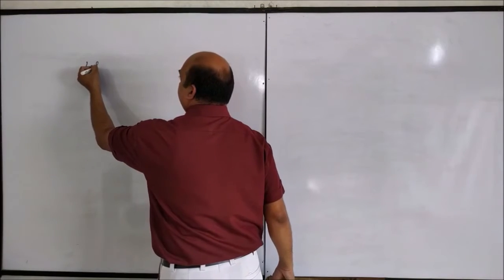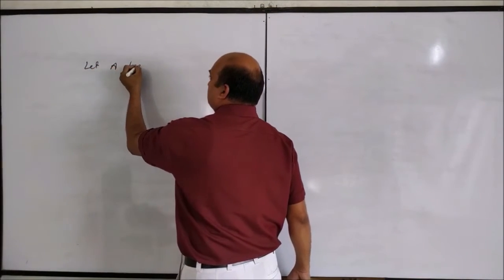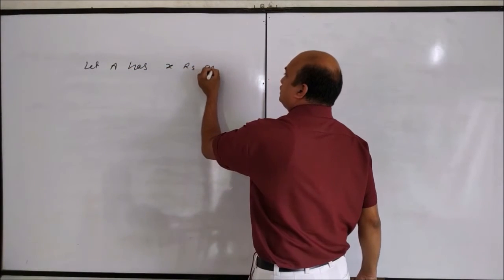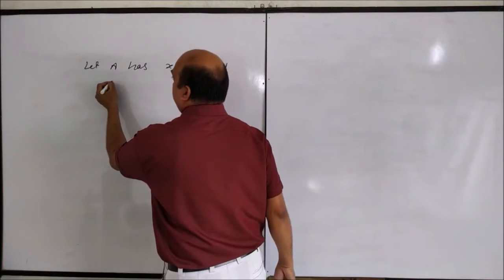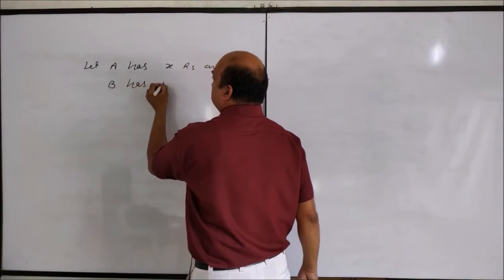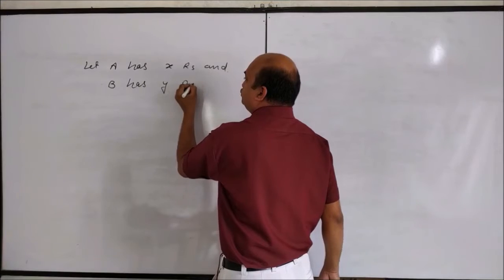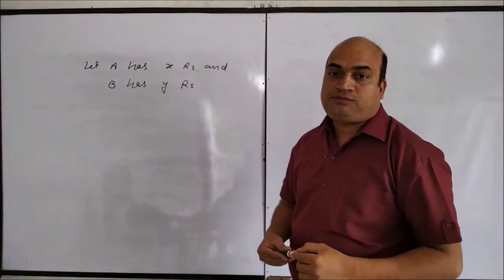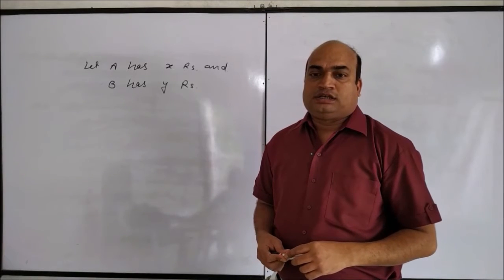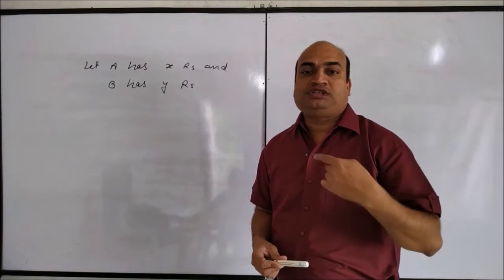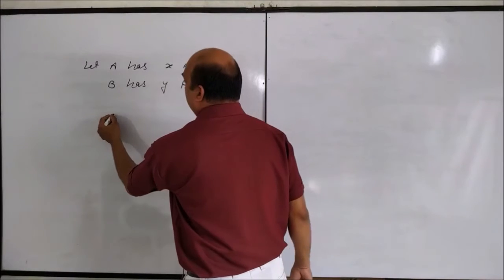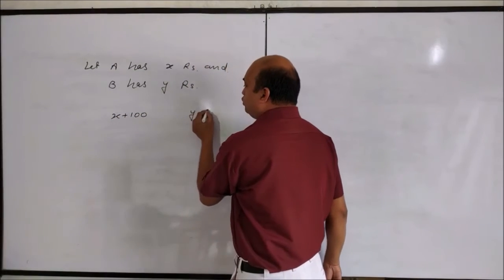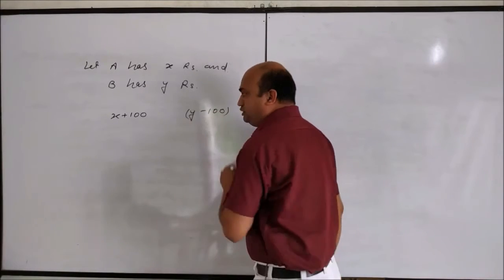Let A has x rupees and B has y rupees. Now, if B gives 100 rupees to A, then A will have x plus 100 rupees and B will have y minus 100 rupees.